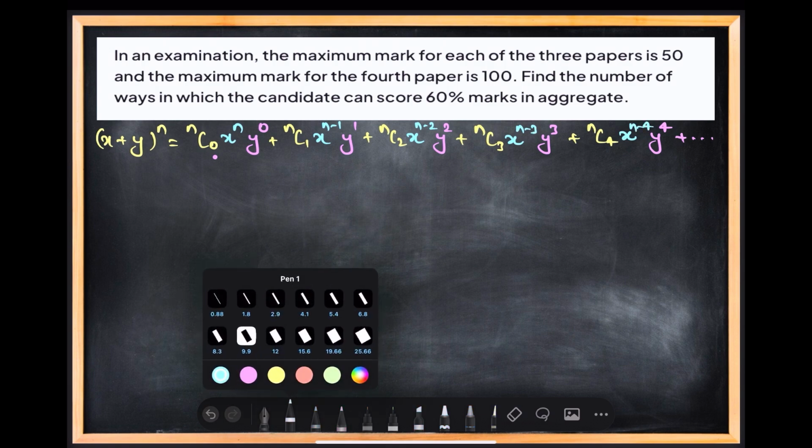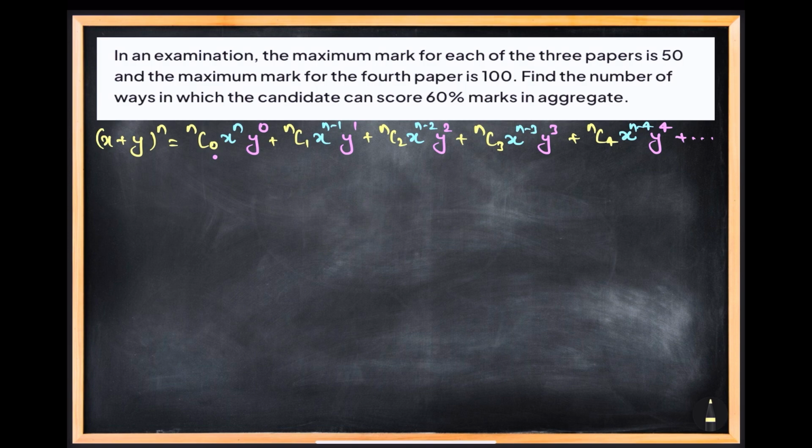Now we have the next expansion, (1 minus x) power minus n. We have solved this and the expansion goes this way: 1, nC1.